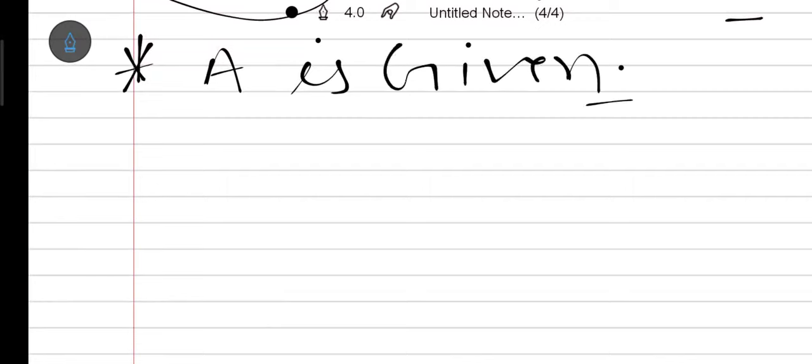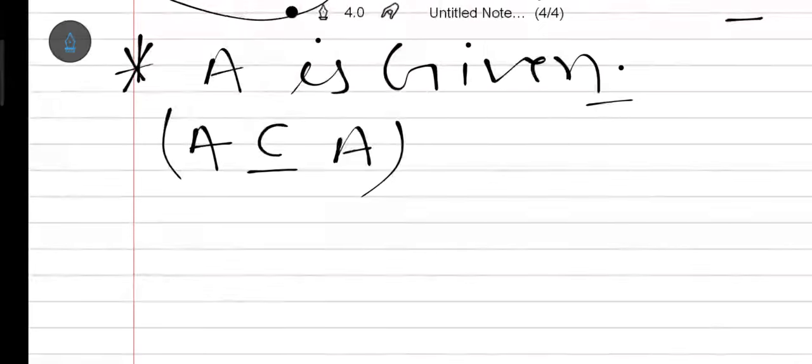If a set A is given, then A is a subset of A. It means every set is a subset of itself. So this is a property. Again, the second property: every set is a subset of its universal set. I've already told you what the universal set is.